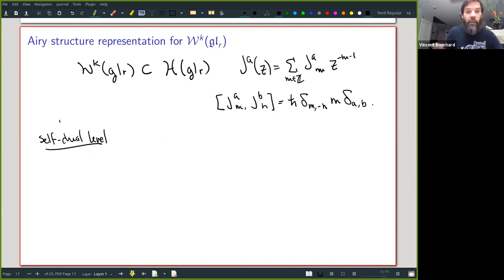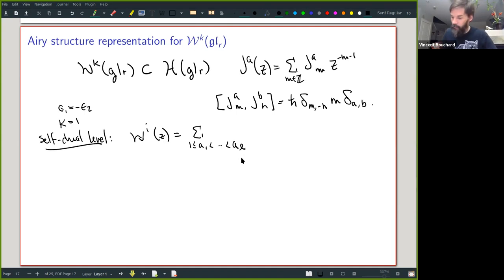This is the case where kappa is equal to 1, so epsilon 1 is equal to minus epsilon 2. In this case it's very easy, because the strong generators here are just given by elementary symmetric polynomials in these J's. Again, this is very well known in the theory of W algebras.